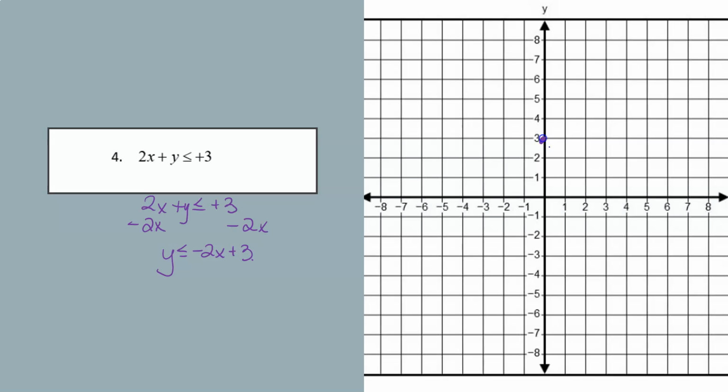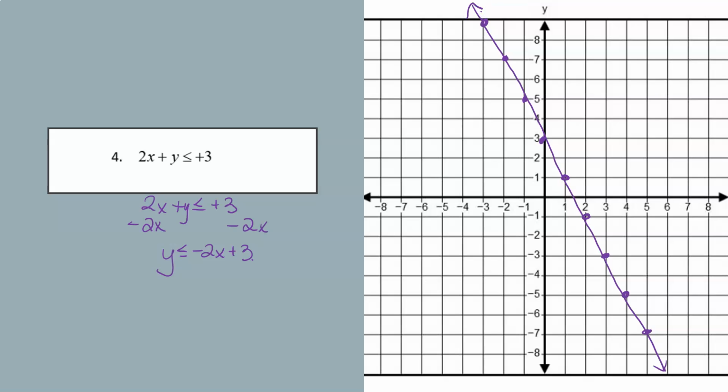So I'm going to start at 3. Okay, so it's less than or equal to, so it's going to be a solid line here. Well, not too straight, but did the best I could.